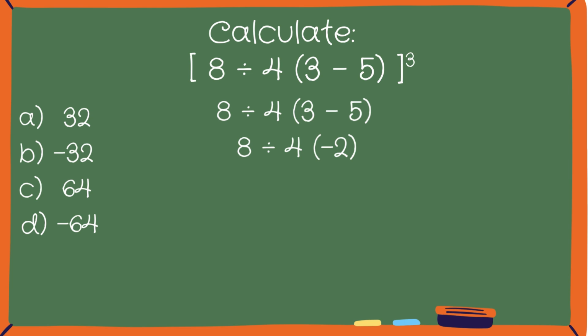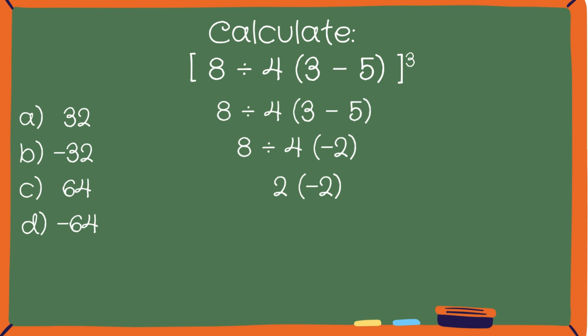First, division appears, so I'll do that first. 8 divided by 4 is 2. This 2 is going to be multiplied by minus 2. 2 multiplied by 2 is 4, and plus with minus equals minus. So this is going to be minus 4, and all of this cubed.